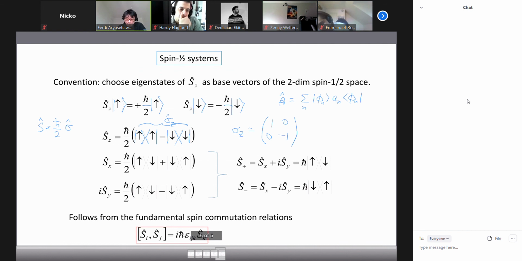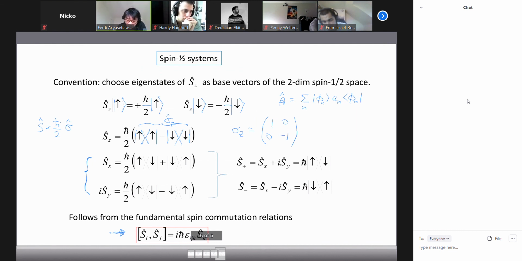Now we can also work out the Sx and the Sy from the commutation relations. So you already know this, I think.